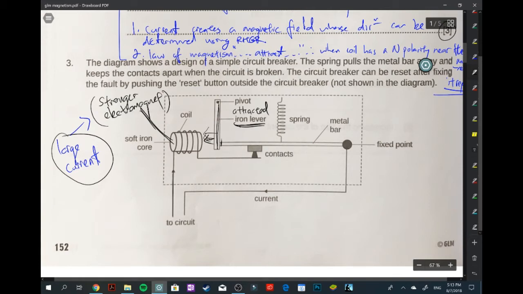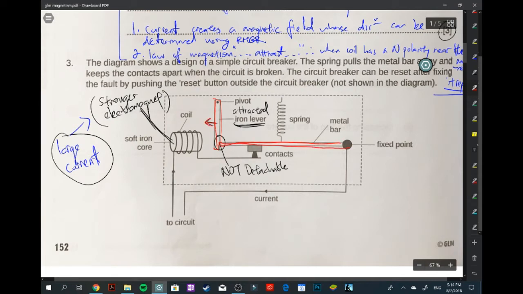Now when this iron lever is attracted to the coil, although the diagram looks like this part over here is detachable, it is not detachable. It's actually one whole piece of metal. So when this entire thing moves to the left, I'm going to highlight in red, we have this entire mechanism moving to the left.